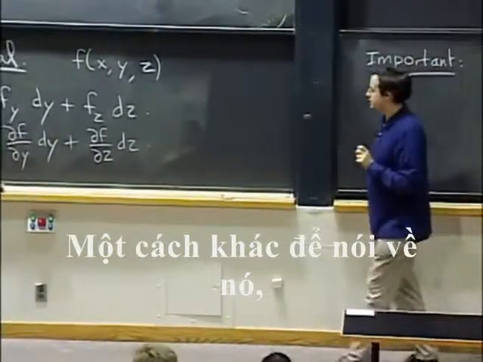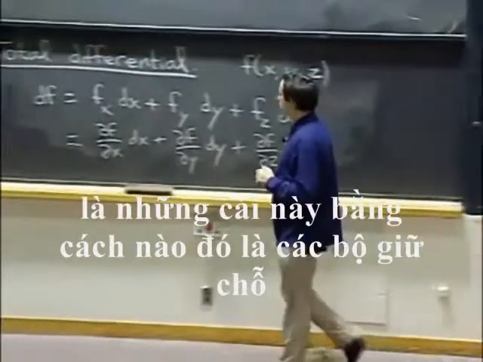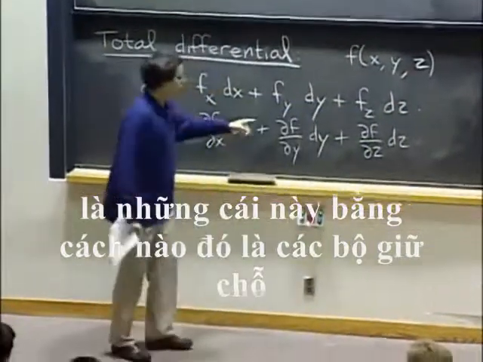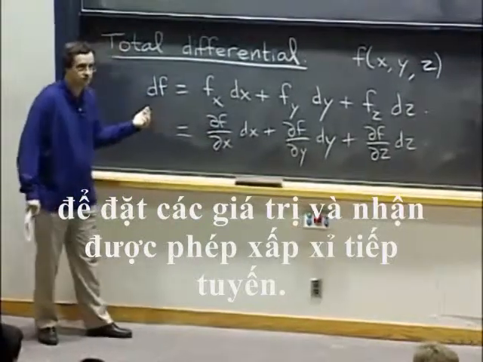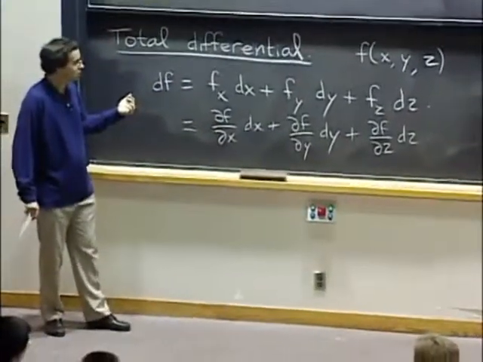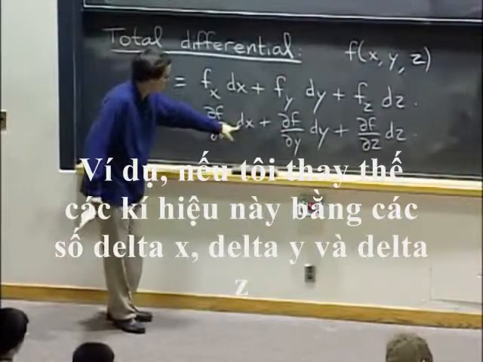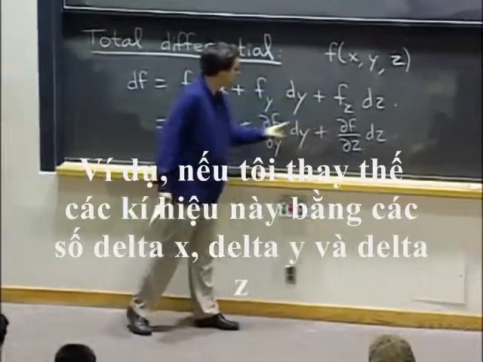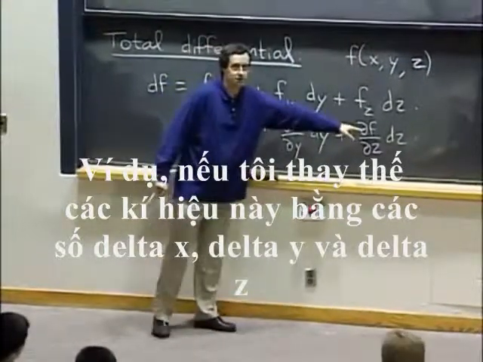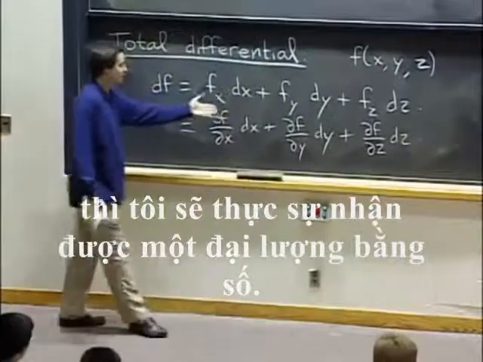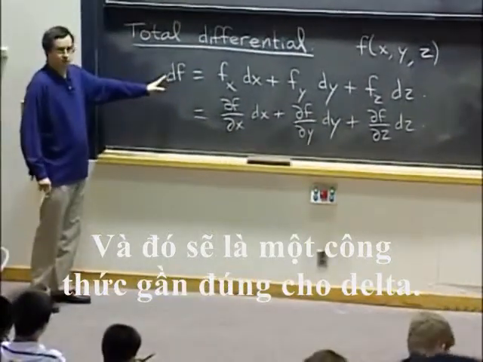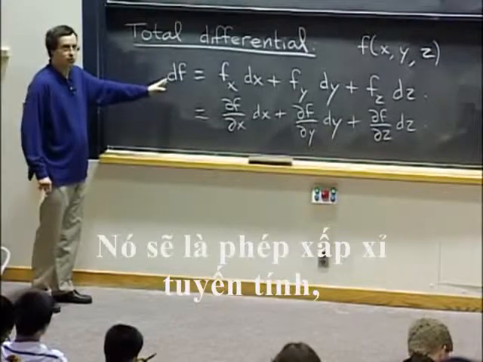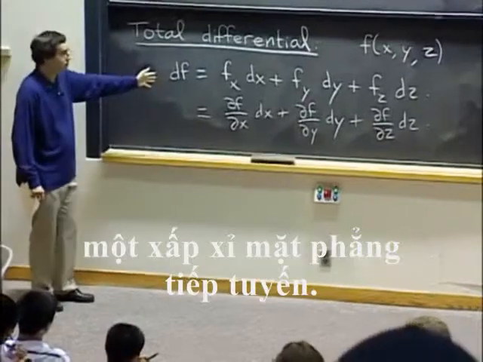Another way to say it, and I think that's probably closer to the truth, is that these things are placeholders to put values in and get a tangent approximation. So, for example, if I replace these symbols by delta x, delta y, and delta z numbers, then I will get a numerical quantity, and that will be an approximation formula for delta f. It will be the linear approximation, or the tangent plane approximation.